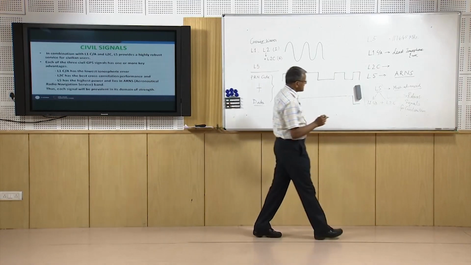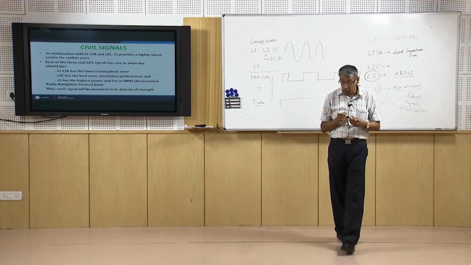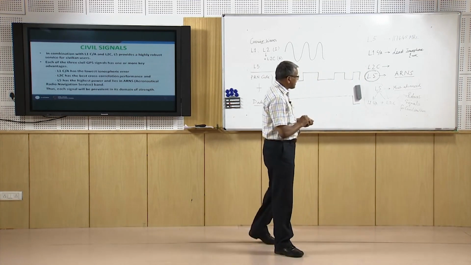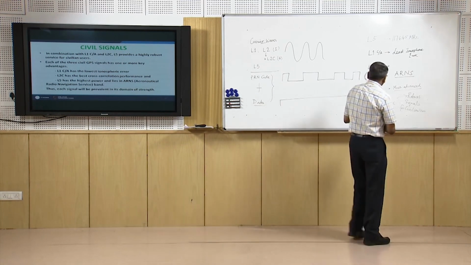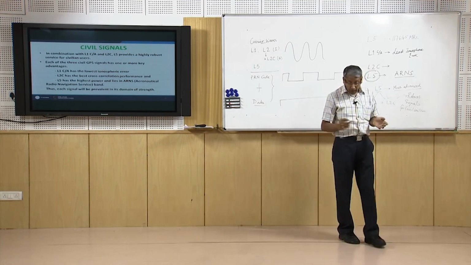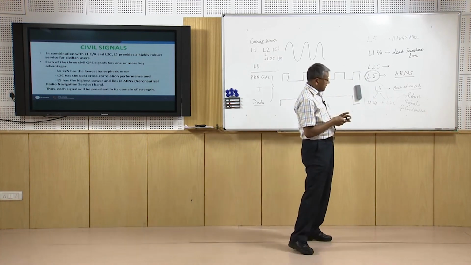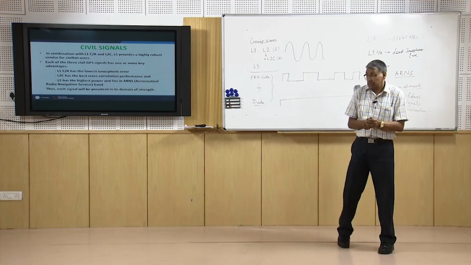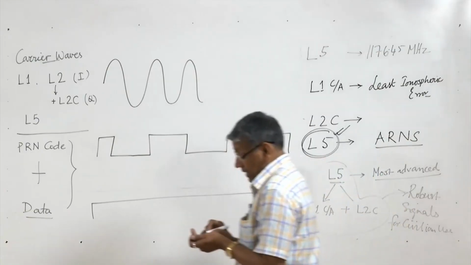That means this L5 signal is most useful for aero navigation. It's also powerful, so aero navigation becomes easy with the L5 signal.